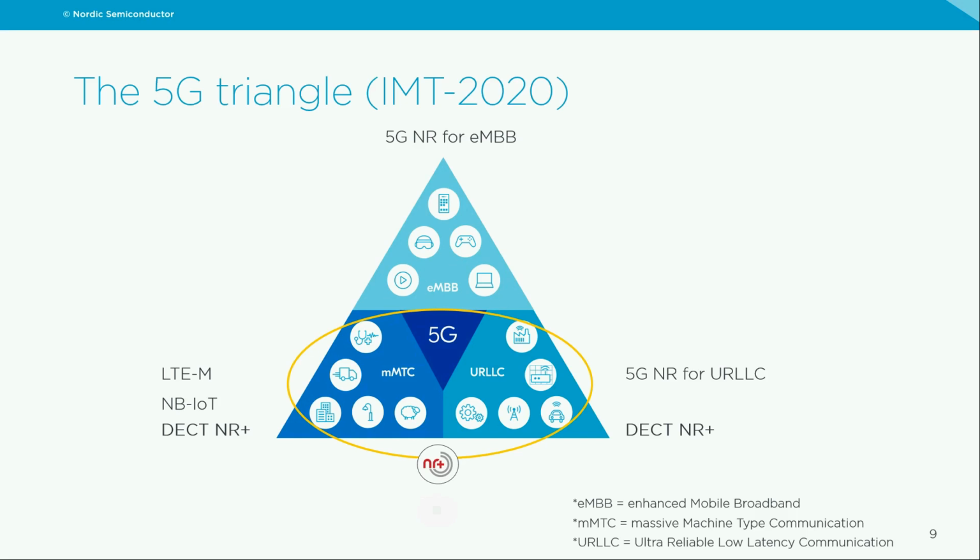And then the third thing is this URLLC, ultra reliable low latency communication. This is also defined now in 5G as 5G new radio that has a very specific set of requirements to support those use cases. It's a different type of radio than what you typically will build for MMTC or enhanced mobile broadband. So these are radios that have to support down to 1 millisecond latency. They have to support 99.999% reliability on packet level.